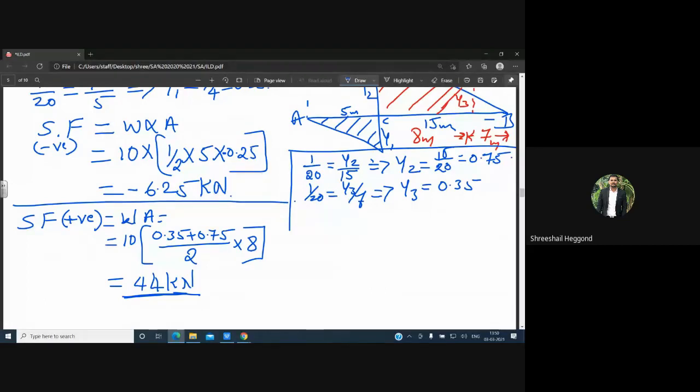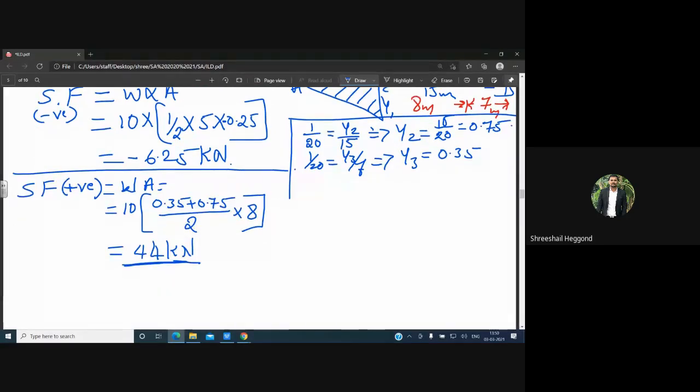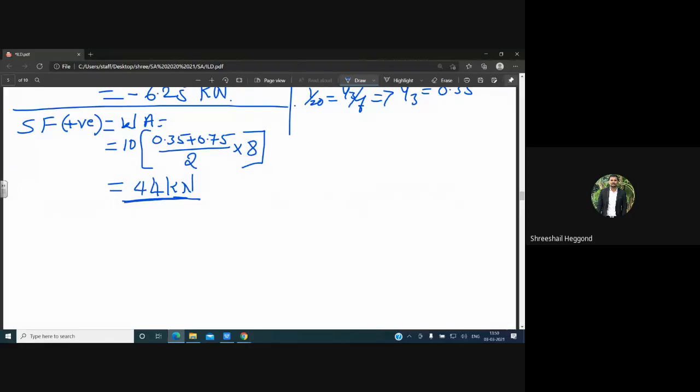That can be identified only when the average load on the right hand side and left hand side are equal. Then only you can apply the load at C point, and then only you can get the maximum bending moment. Hope everybody understood how to calculate this shear force.